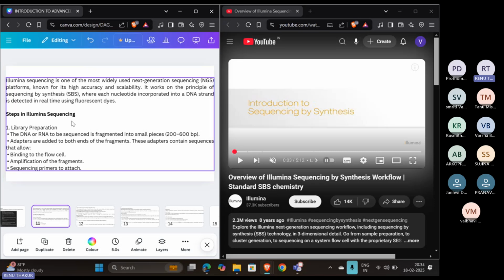It'll be fragmented into small pieces of about 200 to 600 base pairs, because as we saw, Illumina sequencing is a low-throughput sequencing technology, so it will cover only a limited number of base pairs. So we fragment the whole DNA into smaller pieces, and adapters are added to both ends of the fragments.